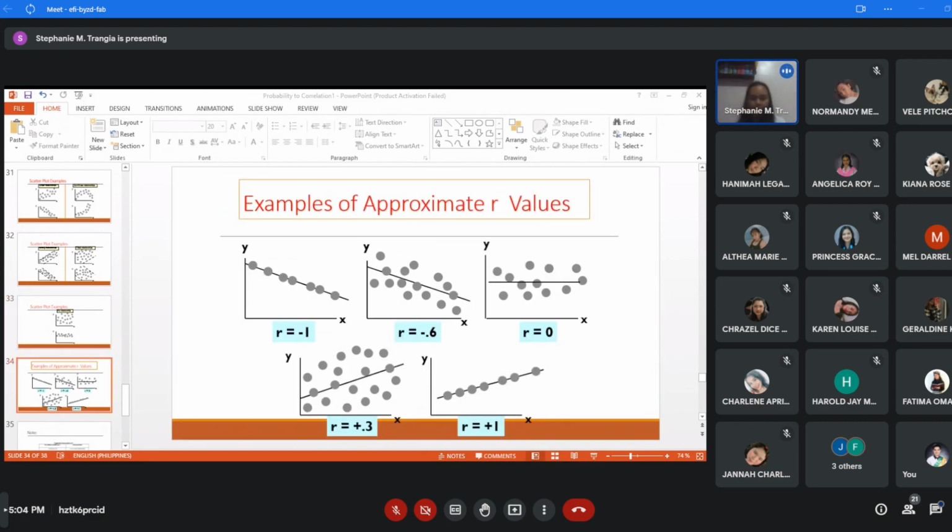So here are some approximate values of R. When R is equal to -1, the points follow a straight line going down. Just like your B, if the slope is downward, expect B to be negative, so B and R have the same sign.